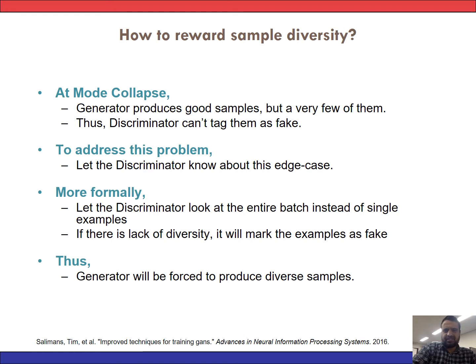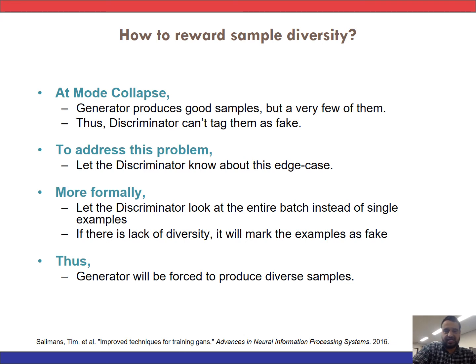So what is the solution? The previous training is image-wise: we give a single image to the discriminator, and the discriminator classifies it as either real or fake. But how about if, instead of giving a single image, the discriminator looks at the whole mini batch of images?